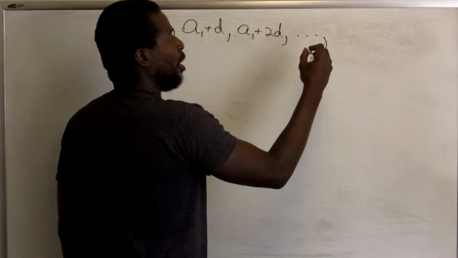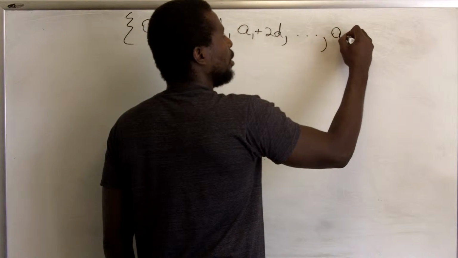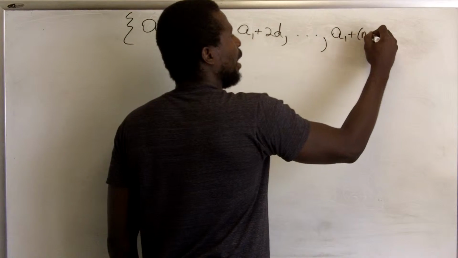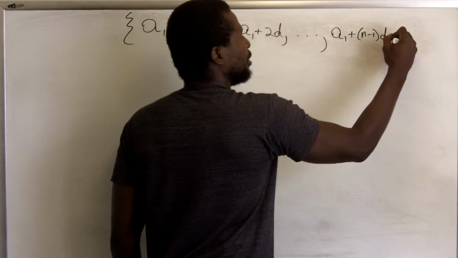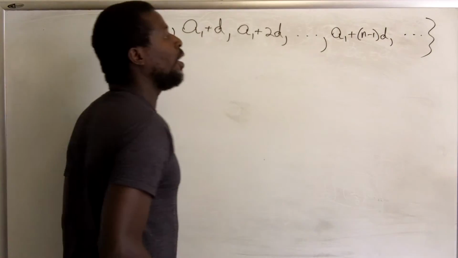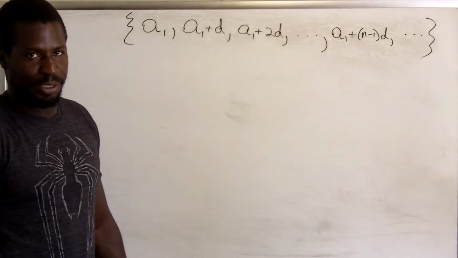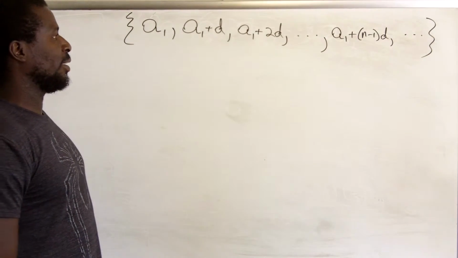And then you continue all the way up to An, which is A1 plus n minus 1 times the common difference d. And of course, you can continue that on as far as you want. There's another way of representing that, actually.